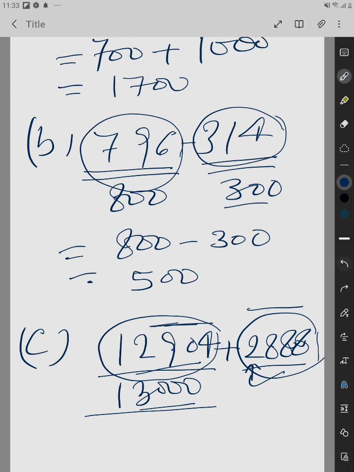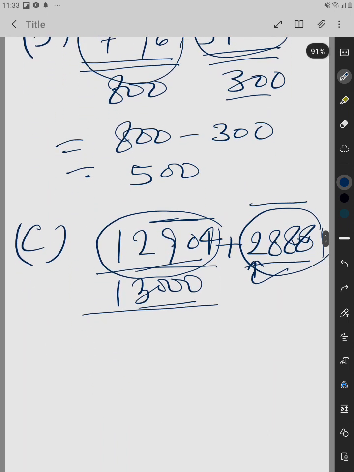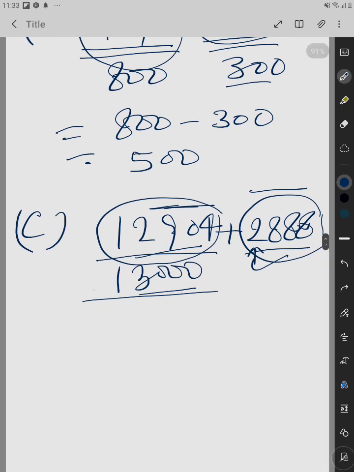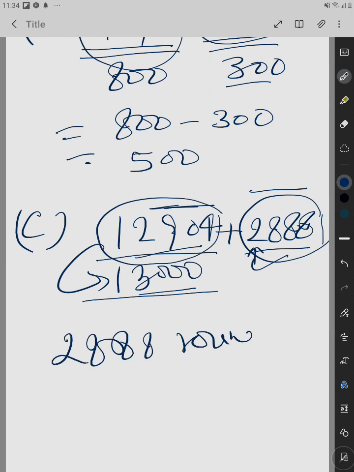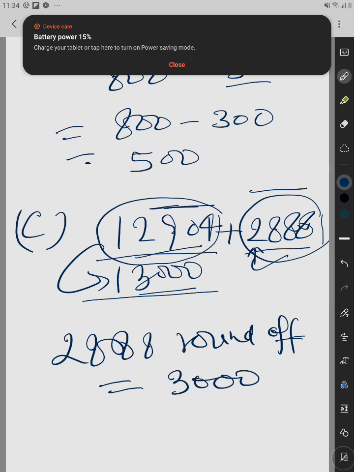Okay, so here it is 13,000, so that is the nearest round off of this number, and for 2888 we will round off the same way. Actually you have to write the question like this. So if you convert it to the nearest 1000, then it is nearest to 3000.